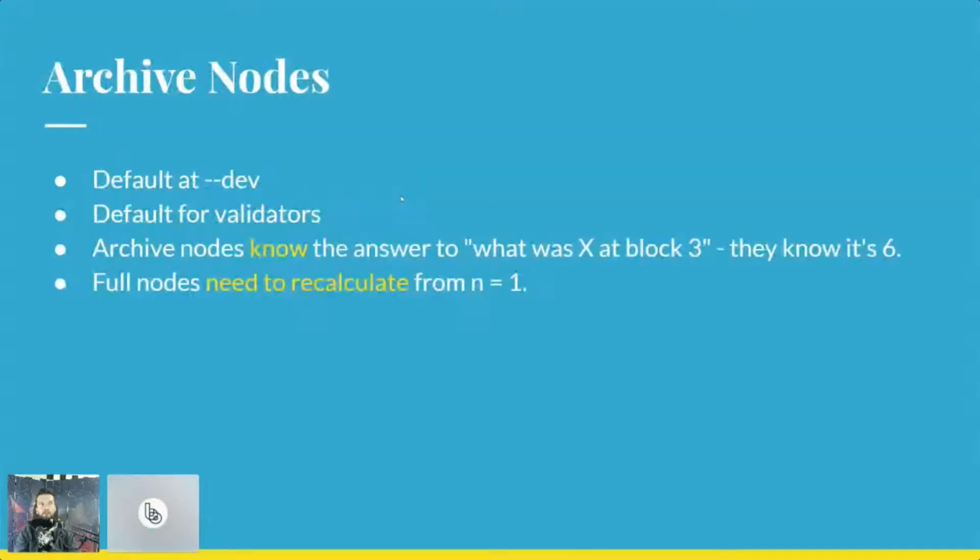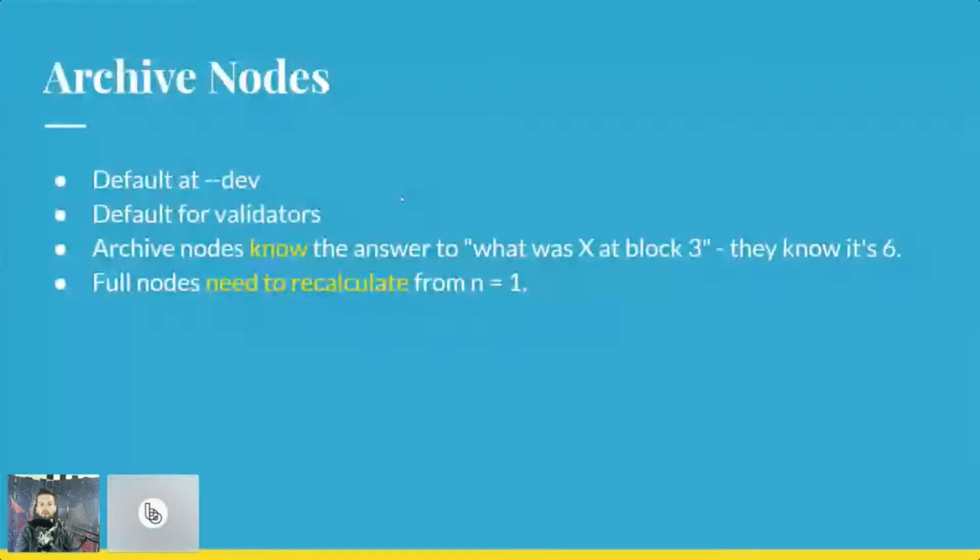And archive nodes, and those are by default activated when you run a substrate chain in dev mode, because dev mode will, as we'll see a little later, developer mode will produce blocks in your substrate-based chain. And anything that produces blocks is actually a validator, whether it's a proof of authority consensus or proof of stake, or even the instant seal method that the developer nodes use, or whatever.